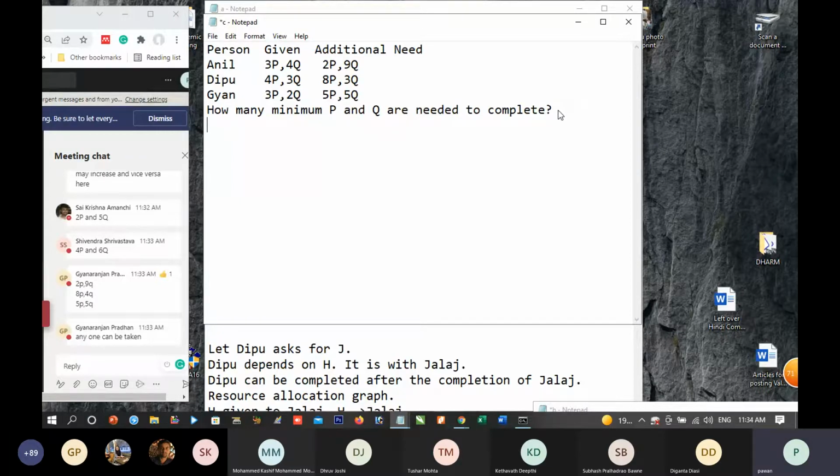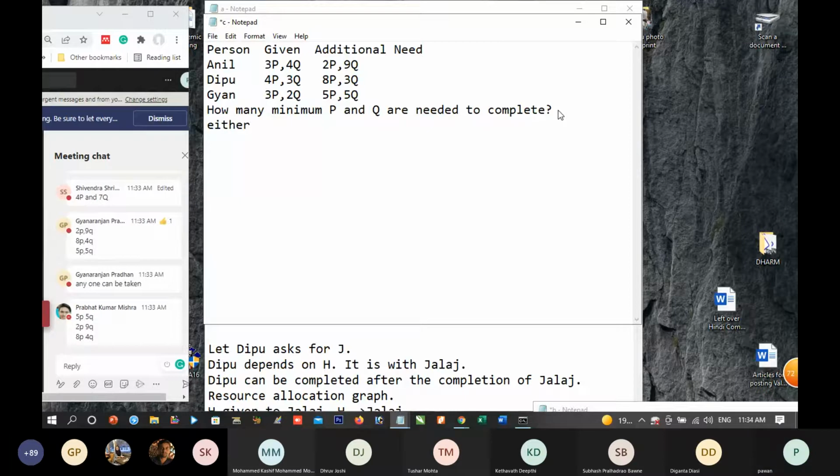Either 5Q, 5P, 5Q, or either 5P and 5Q will work. That is correct. Prabhat is now correct.